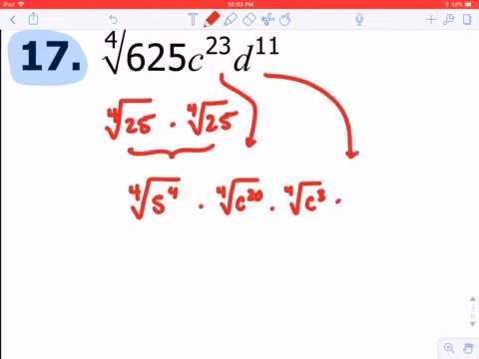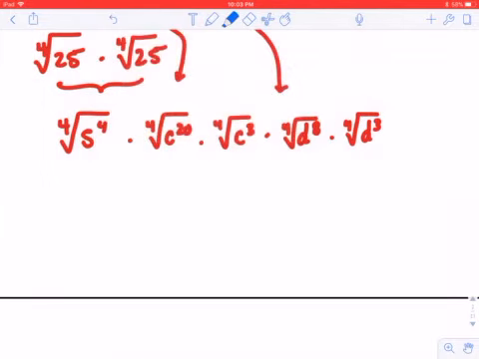I know 4 goes into 8, it doesn't go into 11. So I'm going to write this as the 4th root of d to the 8th times the 4th root of d to the 3rd.